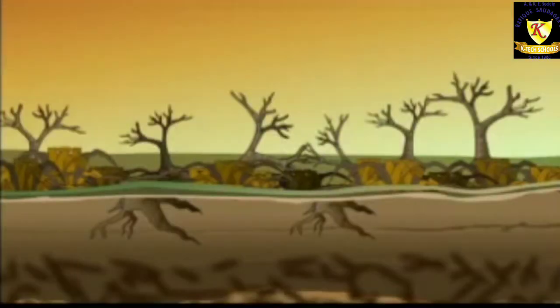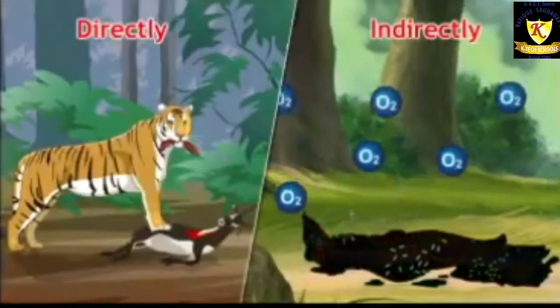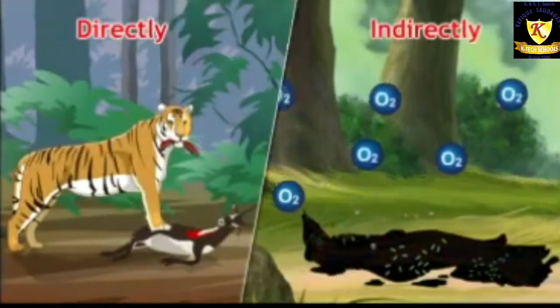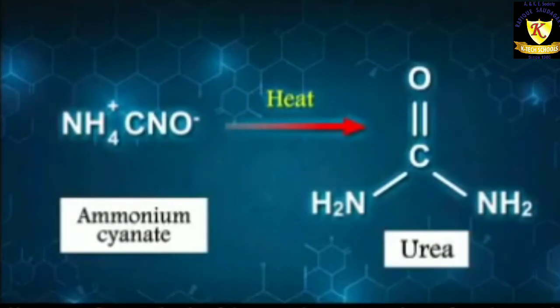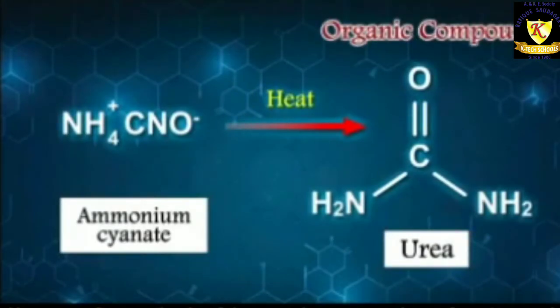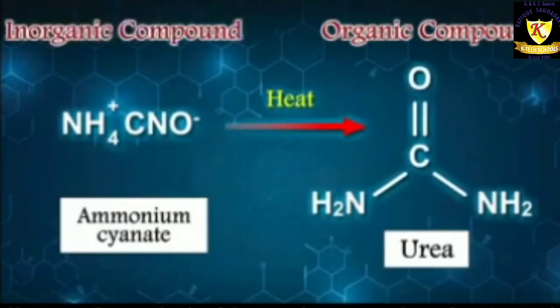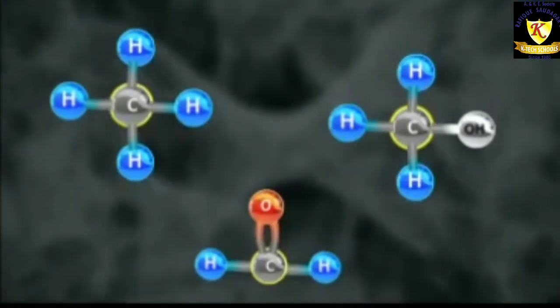About 200 years back, it was believed that organic compounds are obtained directly or indirectly from the organisms. However, after synthesis of the organic compound urea from inorganic compounds in the laboratory, the organic compounds received a new identity as carbon compounds.